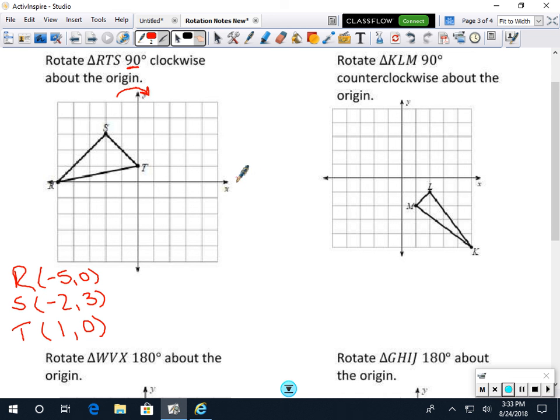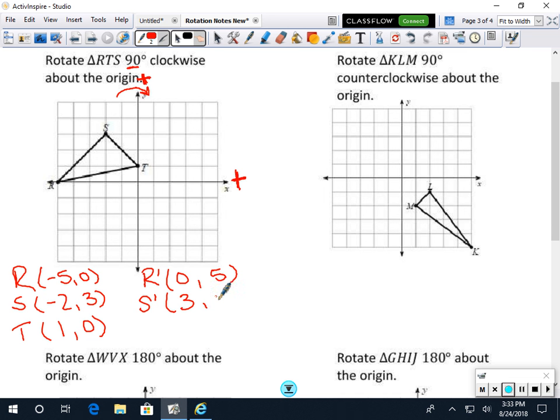In this area here, I know that x is positive and y is positive. So since I'm moving it once, R prime, I'm going to switch these, 0, 5, and I know that x and y both are positive. S prime, I'm going to switch these.